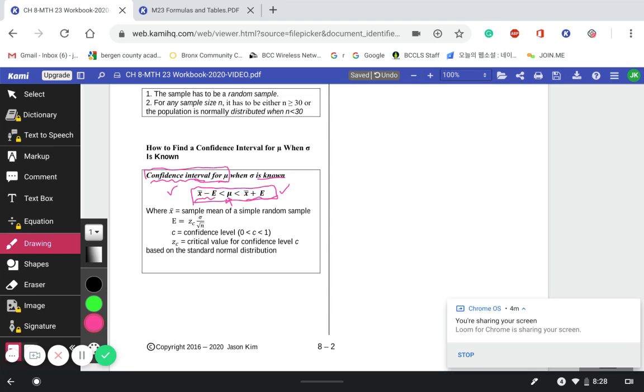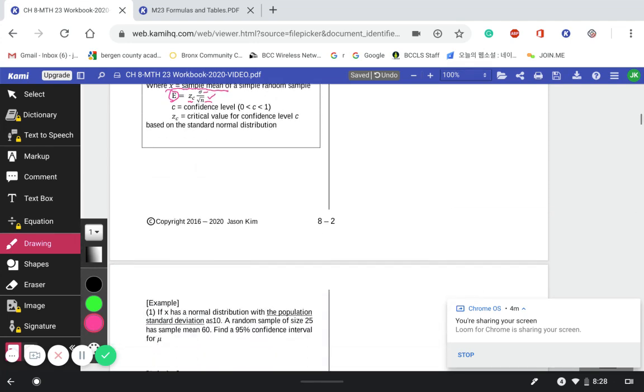Again, x bar is a sample mean of a simple random sample, and E has a particular formula. From that formula, we have to find that Z of C, and we're going to use sigma and n to calculate the E value, which we call margin of error.